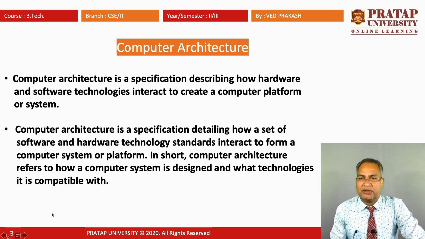What is computer architecture? Computer architecture is a specification describing how hardware and software technologies interact to create a computer platform or system. In short, computer architecture refers to how a computer system is designed and what technologies it is compatible with.